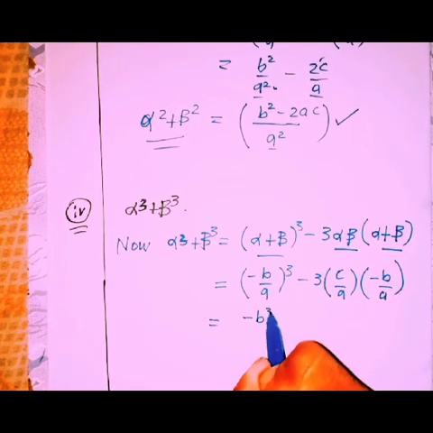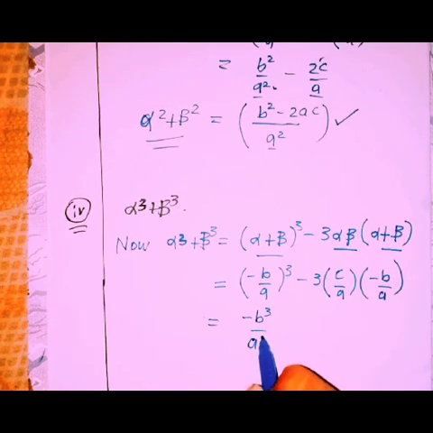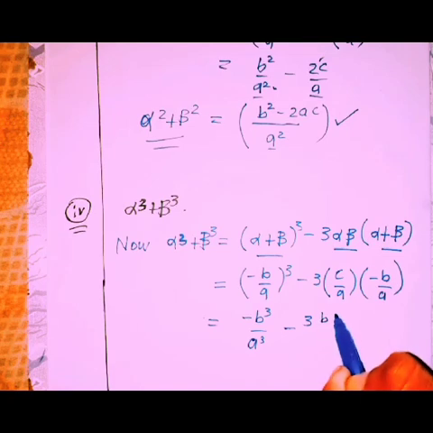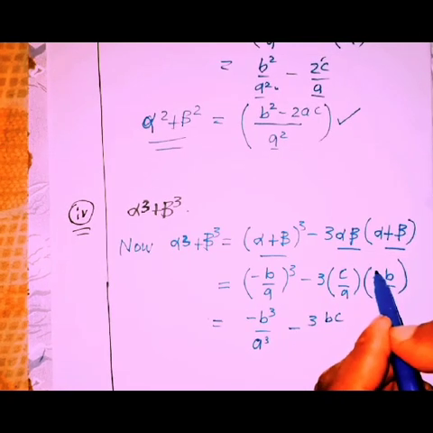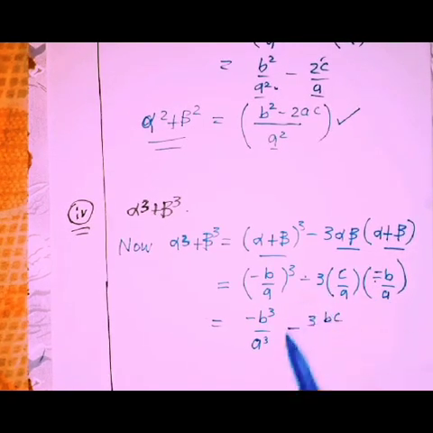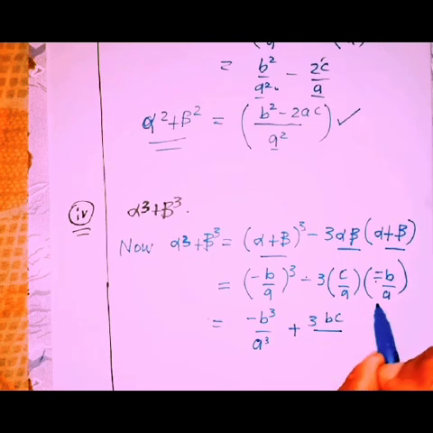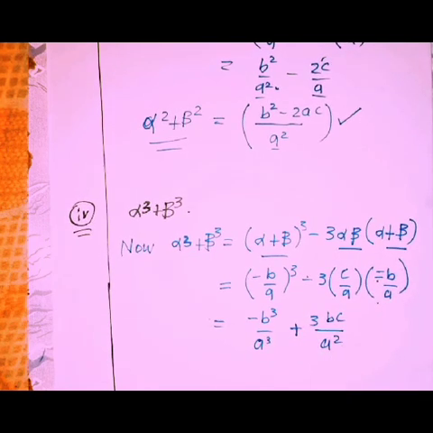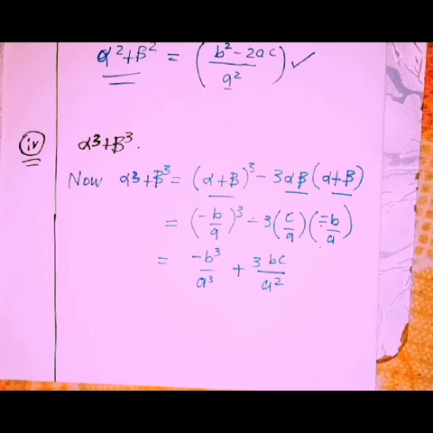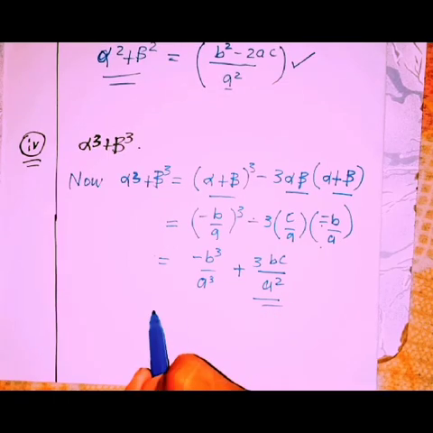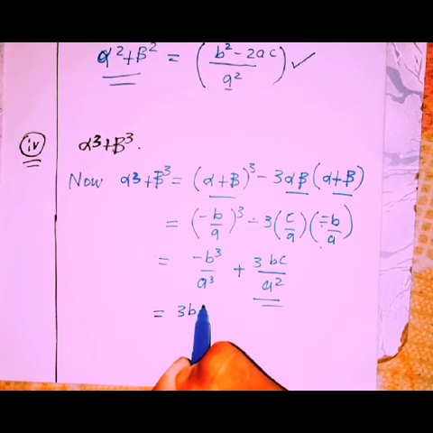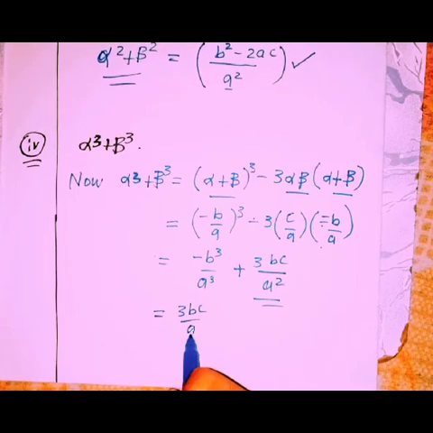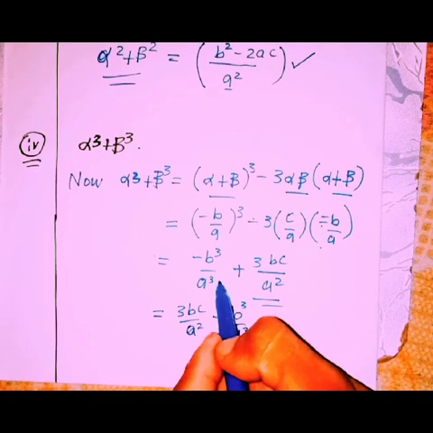Now we apply the cube. So we get minus b cube divided by a cube minus 3bc, minus into minus we get plus, so we can write 3bc divided by a square. Now we write 3bc first divided by a square minus b cube divided by a cube.